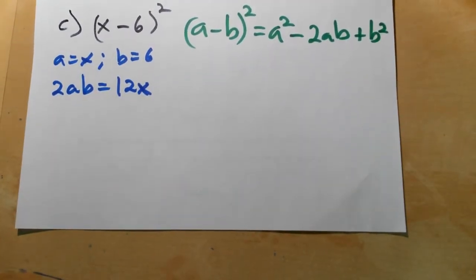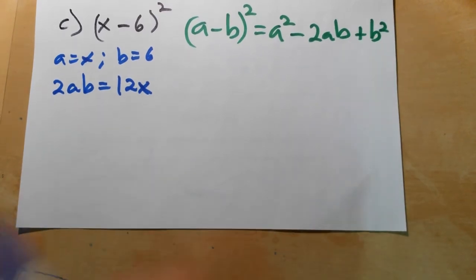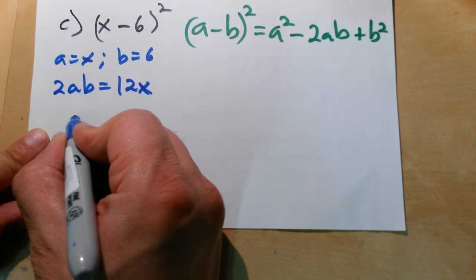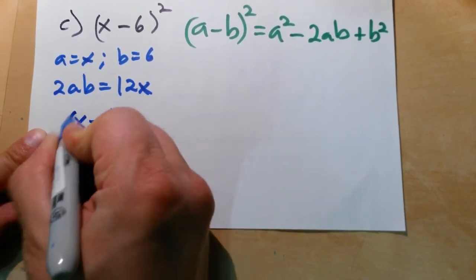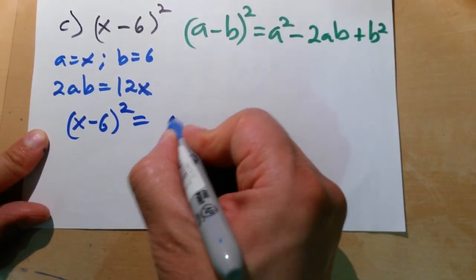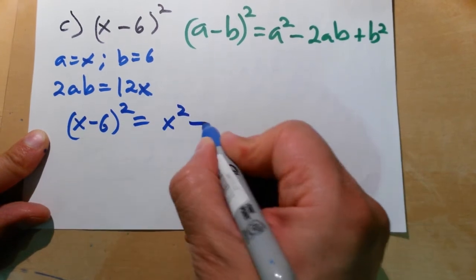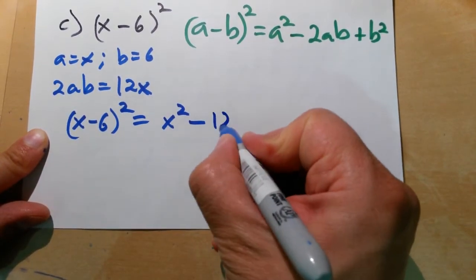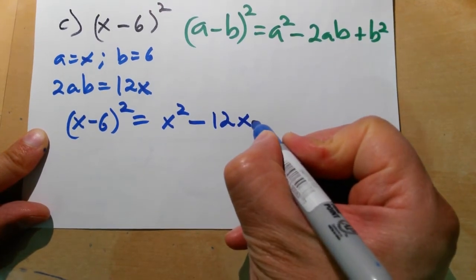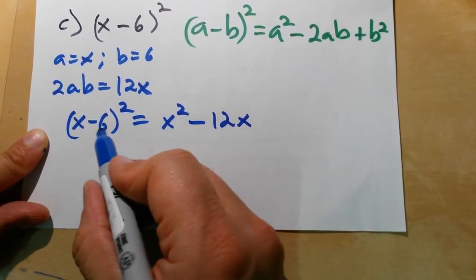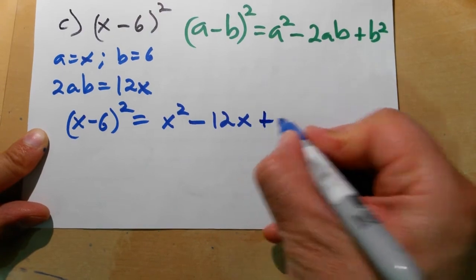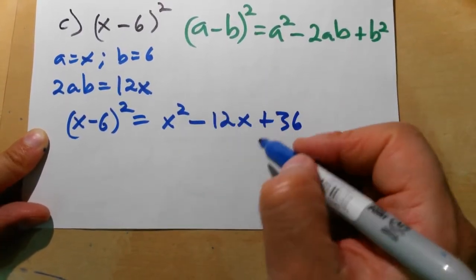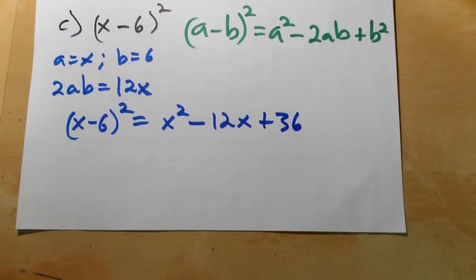So the answer for (x - 6) squared, when we expand it, is x squared. There's a minus there, minus 2AB. We know that 2AB is 12x, so minus 12x. And then the last one, plus 36. So x squared minus 12x plus 36. That's our answer.